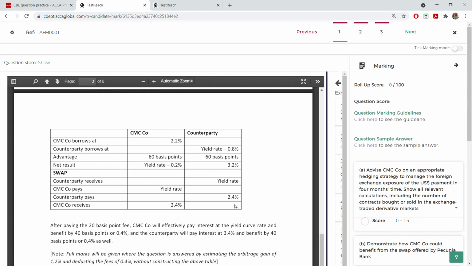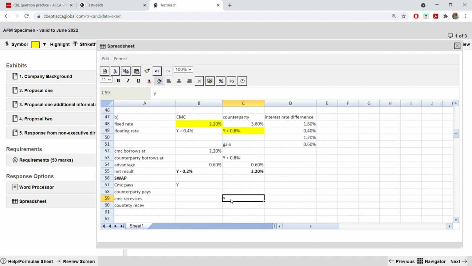It is 2.4. So counterparty is paying that 2.4%, and CMC is receiving 2.4%. How 2.4%?